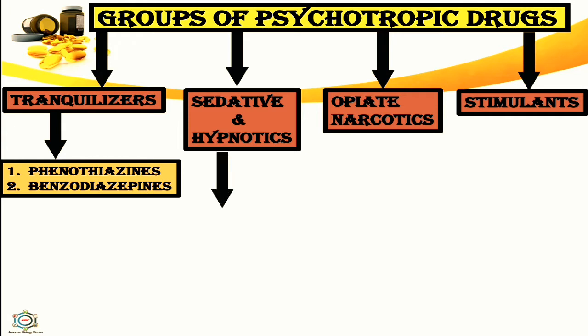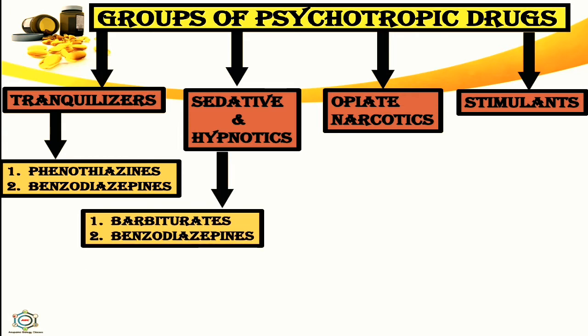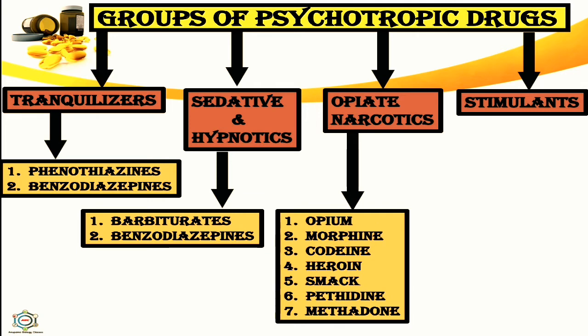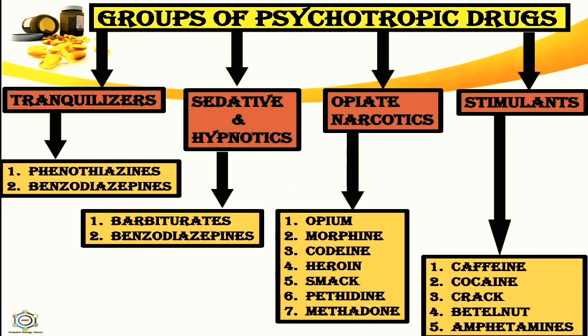Examples of sedatives and hypnotics are barbiturates and benzodiazepines. Examples of opiate narcotics are opium, morphine, codeine, heroin, smack, pethidine, methadone, etc. And examples of stimulants are caffeine, cocaine, crack, betel nut, amphetamines, etc. So these are the main classification of psychotropic drugs. Now we will discuss each part in detail in the next slide.